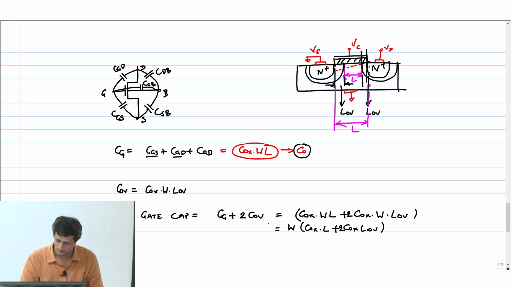CGB is when you are in cutoff region, and it's mainly in accumulation mode, so it is just between the body and the gate. That's all. In the total gate capacitance, this L here is the reduced L. Yeah, that has to be the reduced L.